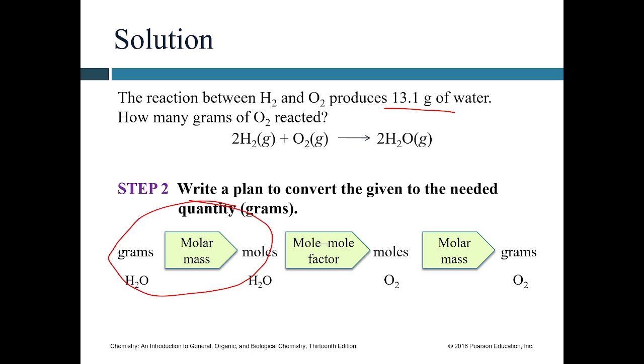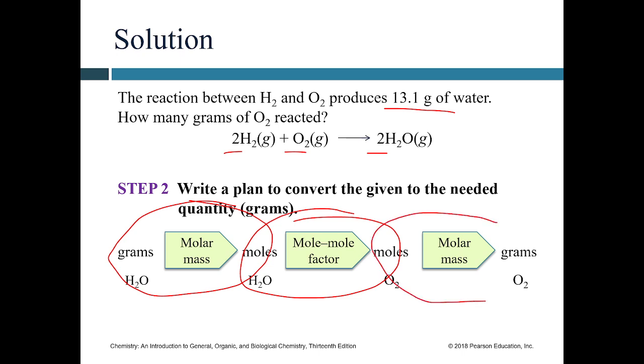The next thing we're going to do is take the mole to mole factor or ratio of H2O to O2. And that's going to just be the ratio between these two right here. So it'll be a 2-to-1 ratio. The next thing is we're going to take the moles of O2 to grams.